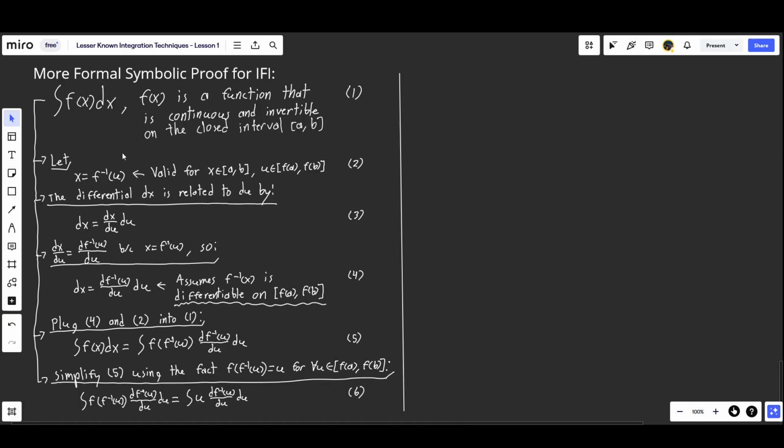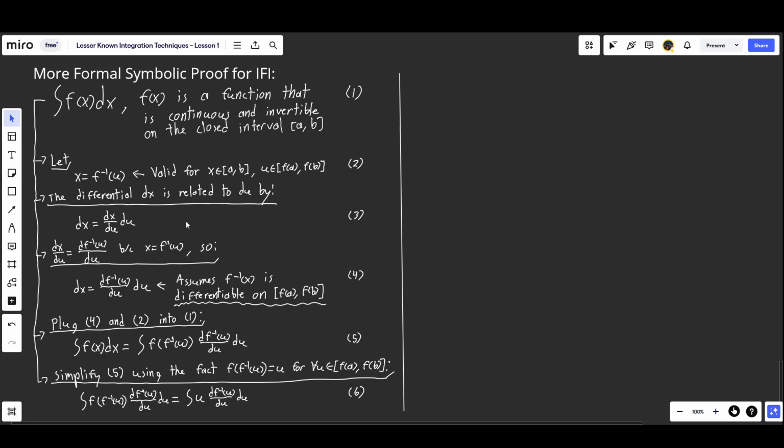Next, we're going to make a u-substitution by setting x equal to the inverse of f of u. This substitution is valid for x within the interval a to b and u within the interval f of a to f of b because we set f of x to be invertible on a to b. To complete the u-substitution, we're going to need to find the differential dx in terms of the differential du.